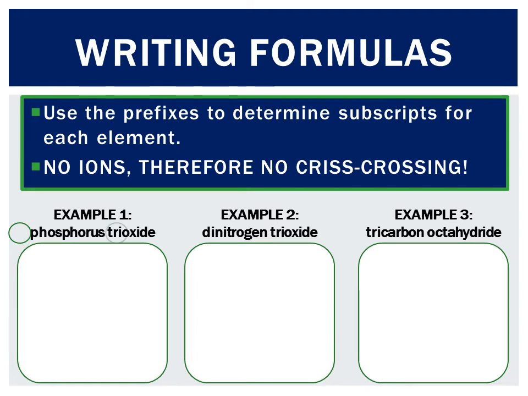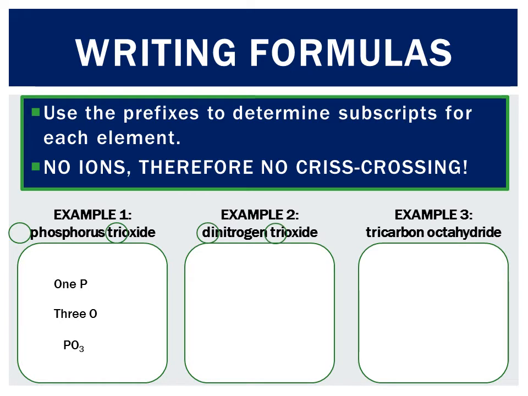So there's 1 phosphorus. And tri means 3 oxygens. So 1 P, 3 O's: P, subscript would be a 1, but we don't write it, O, 3. Simple as that.